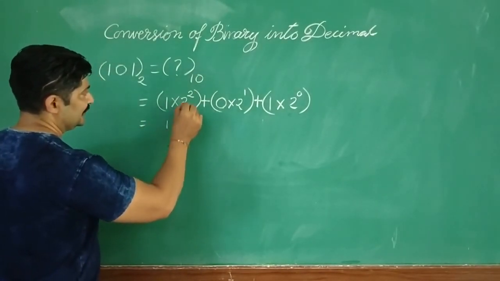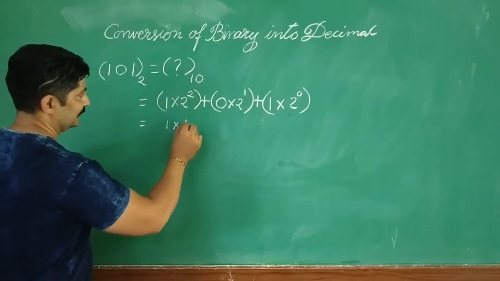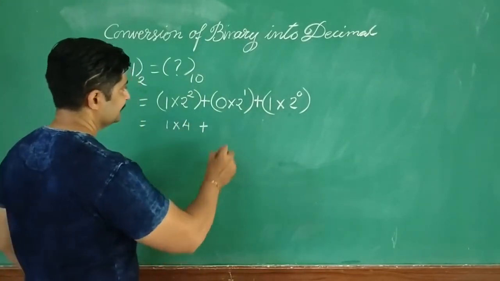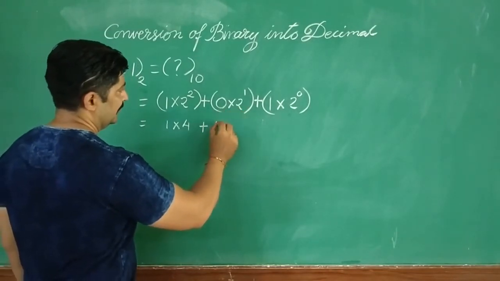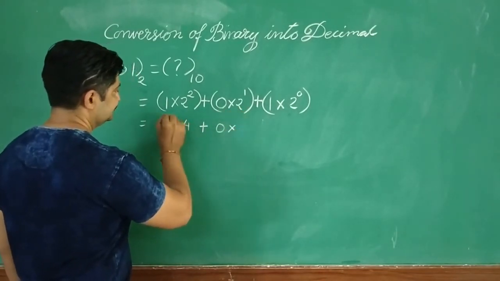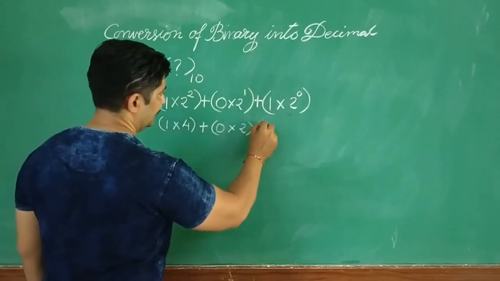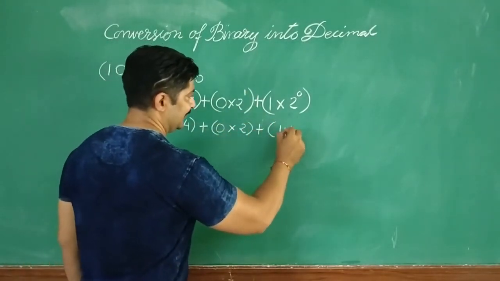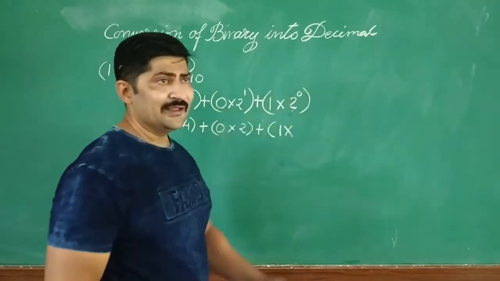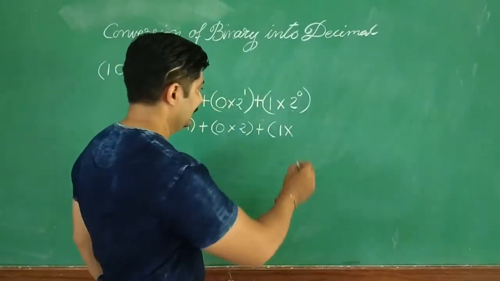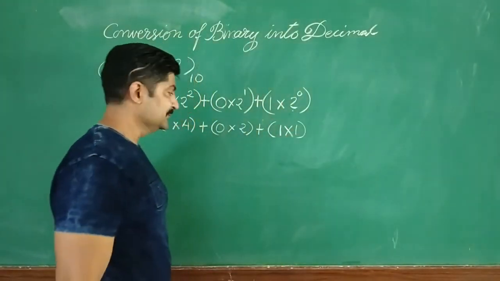Now, 1 into 2 raised to 2 is 4. Plus 0 into 2 raised to 1 is 2. Plus 1 into anything raised to 0 is 1, so 1 into 1.